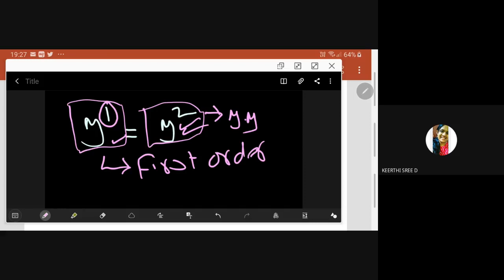When we are talking about equations, we are dealing with a sum of products, and each product is known as a term. So it is y square here. There is more than one instance of the dependent variable in a term, so it is known as a nonlinear equation. So this is a first order nonlinear equation.